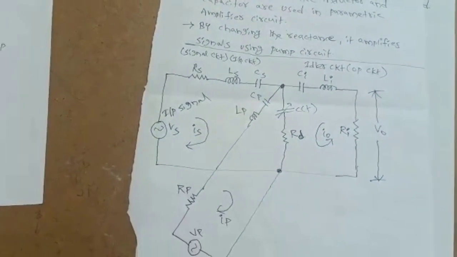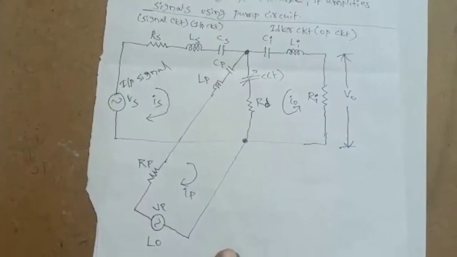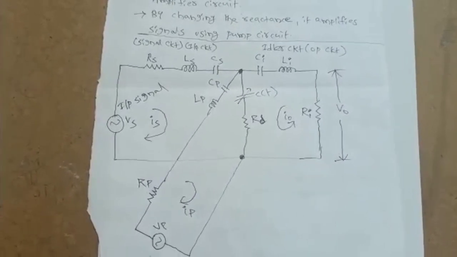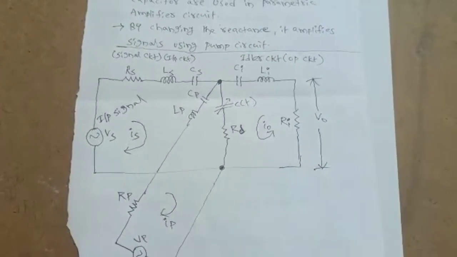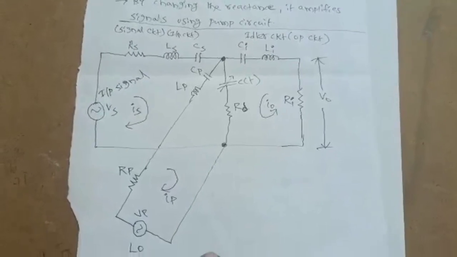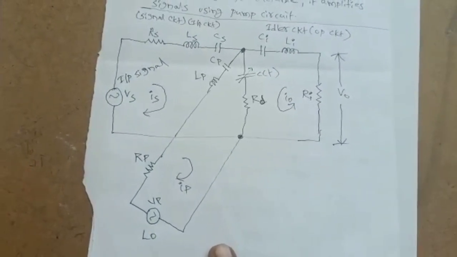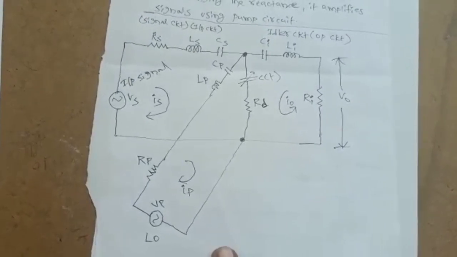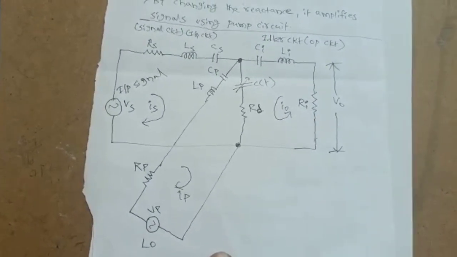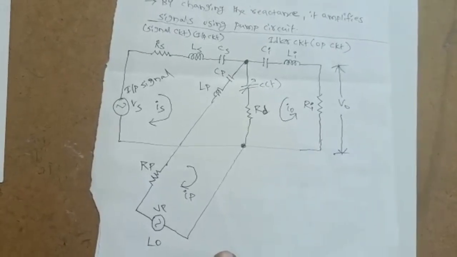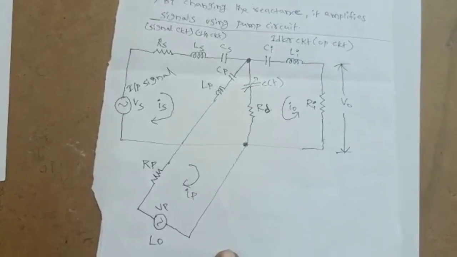In the parametric amplifier circuit, the main parts are the input circuit, that is called the signal circuit, the pump circuit, and then the idler circuit, which is also called the output circuit. Here the pump signal is used to pump the input signal, so that's why it is called the pump signal. The pump signal and the input signal are going to combine in the varactor diode.